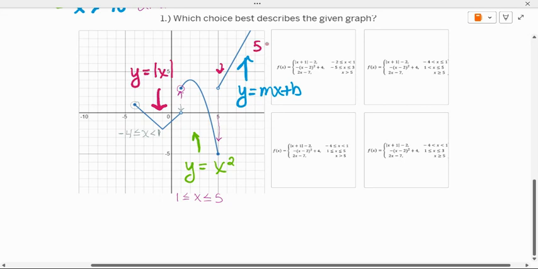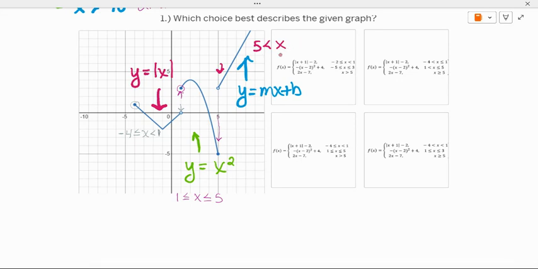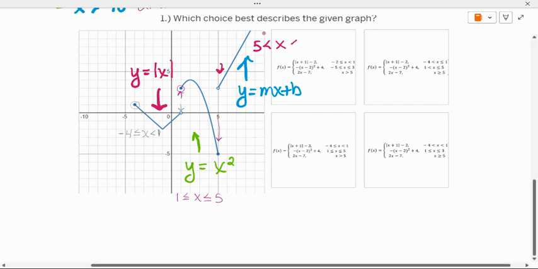So 5 is less than x. Well, we don't know how far that goes, right? It just continues forever. So we just know that x is going to be greater than 5. All of our x values are greater than 5.